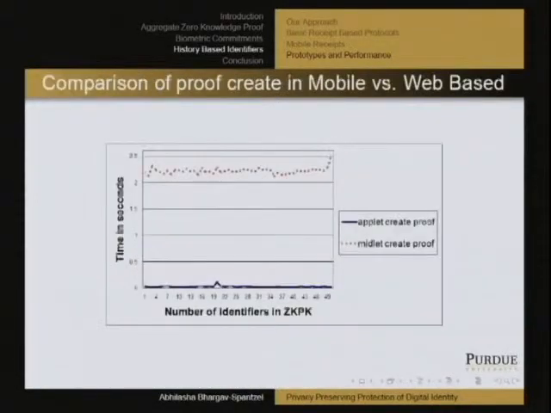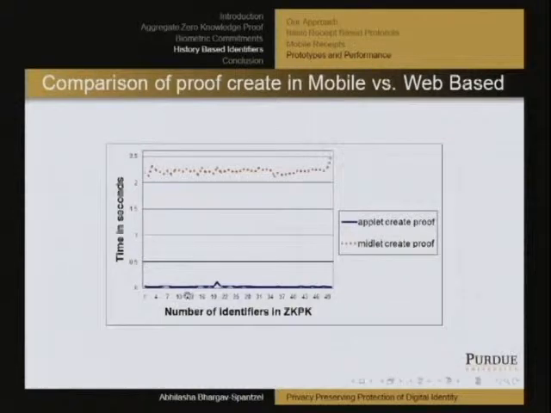So just a very quick look at how much time it takes. You can see on the x-axis is the number of identifiers that we are proving. These are the multi-factors, the number of factors. Here you have one factor, and towards the end of the graph, you have about 50 factors that we are proving.